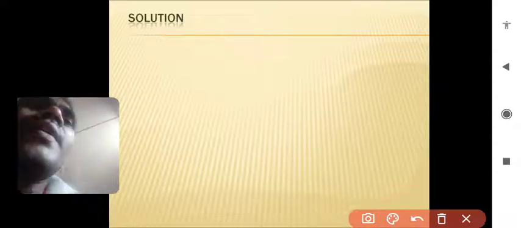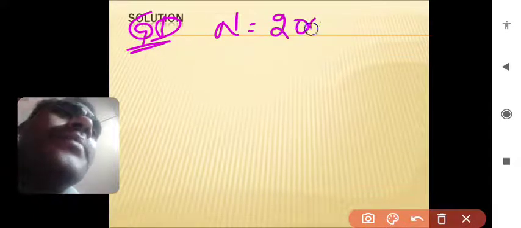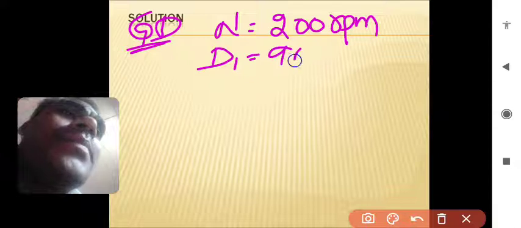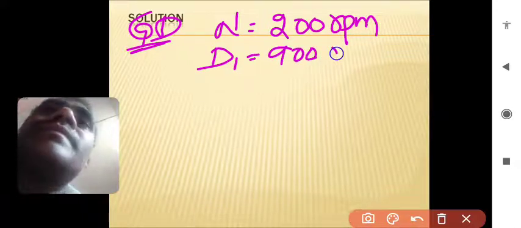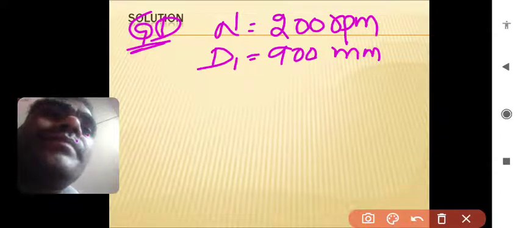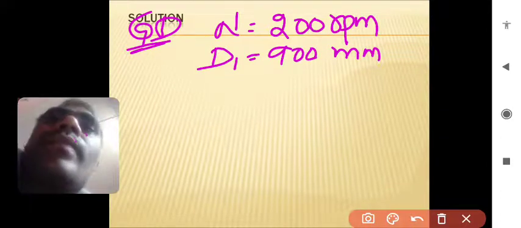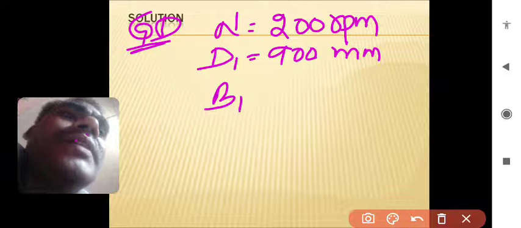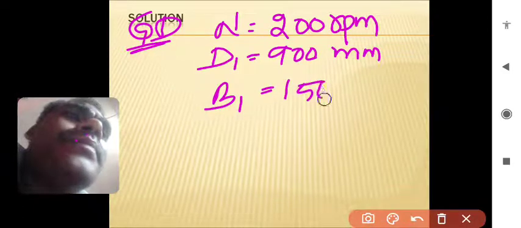Okay, the given data: n is equal to 200 rpm, capital D1 is equal to 900 mm, and breadth B1 is equal to 150 mm.